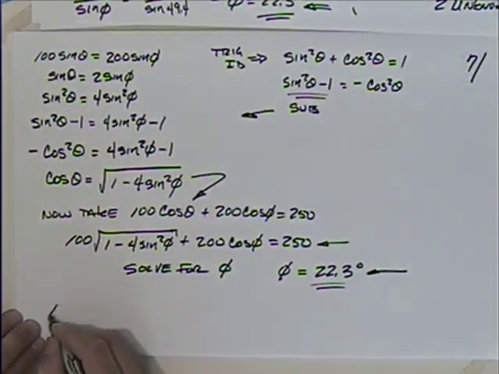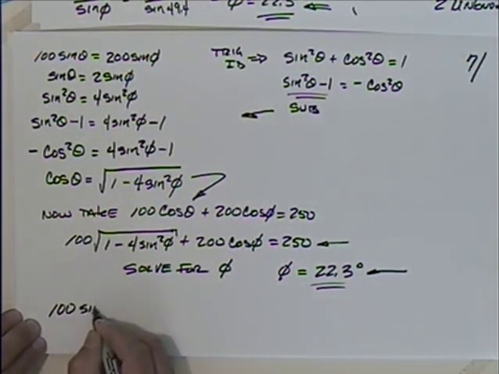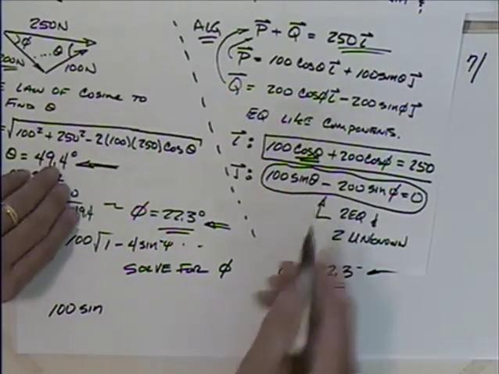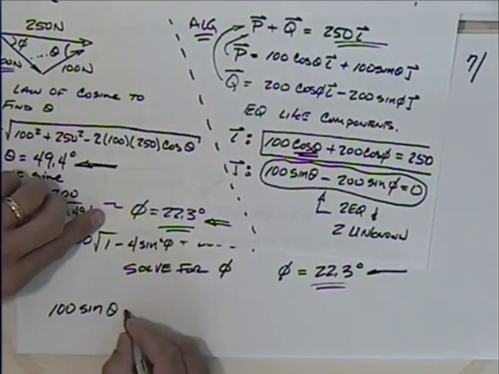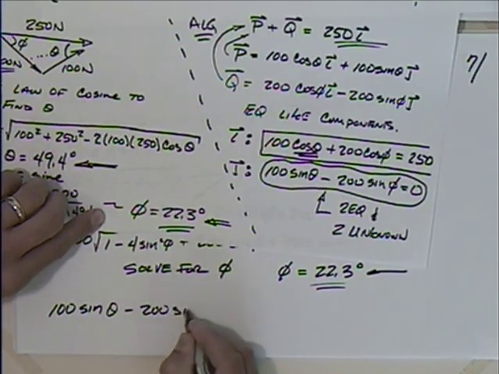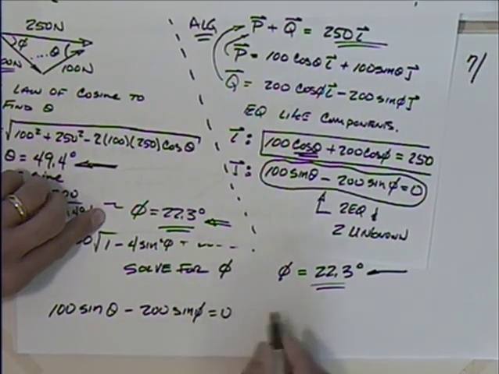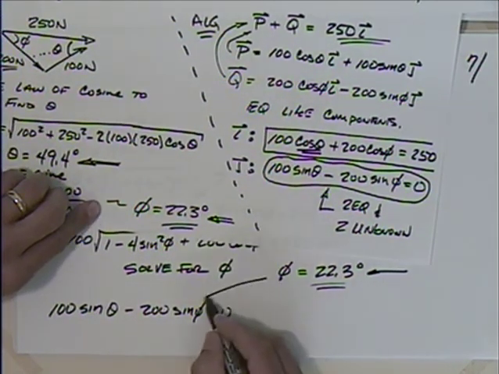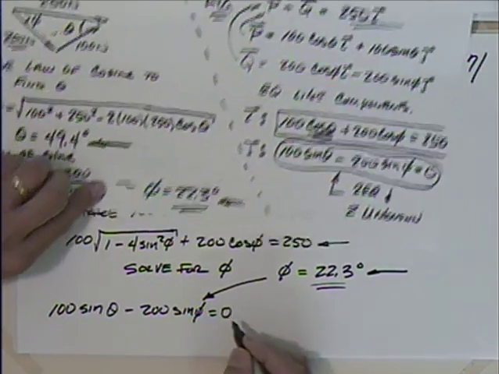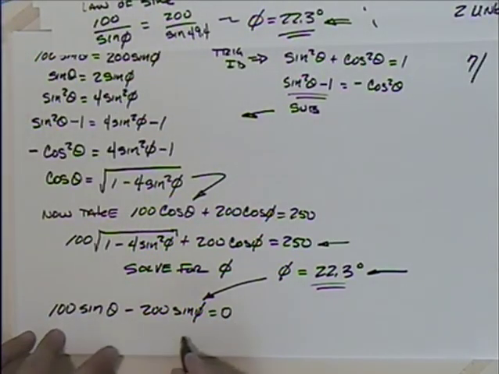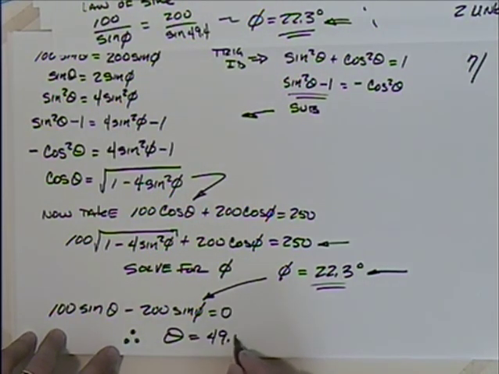So I take 100 times the sine of theta minus 200 times the sine of phi is equal to 0. So we put this into there, and we'd solve for theta, and theta turns out to be equal to 49.4 degrees. Have we seen that before?